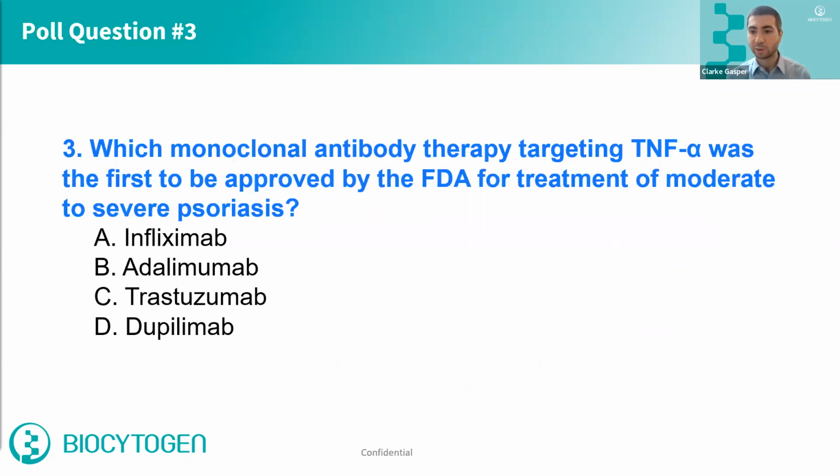And so this brings us to our final poll question. Which monoclonal antibody therapy targeting TNF-alpha was first approved by the FDA for treatment of moderate to severe psoriasis? So this question should launch now.